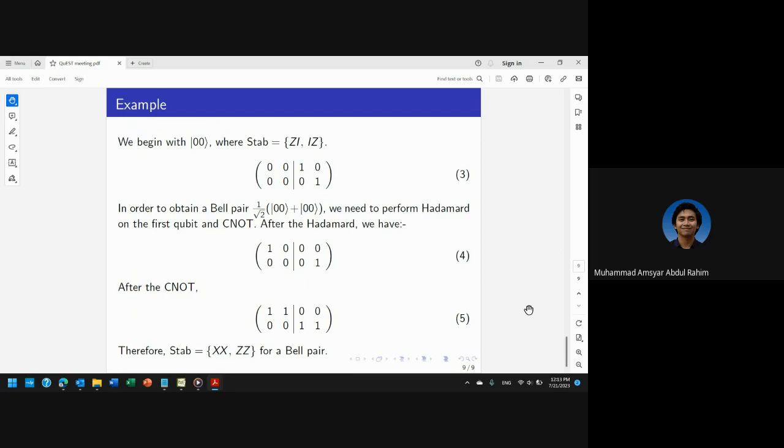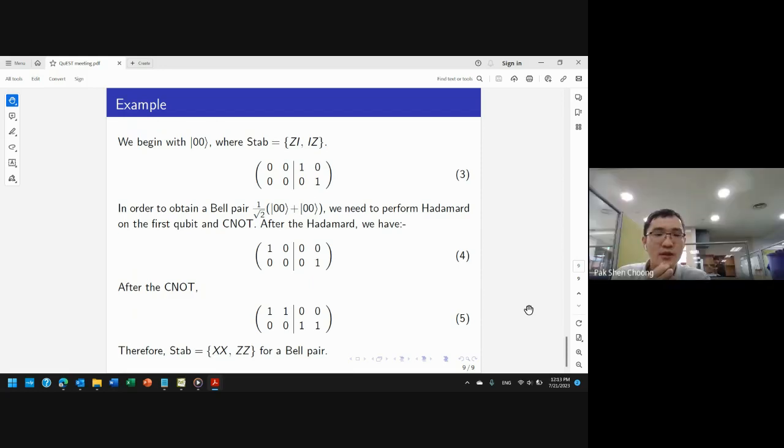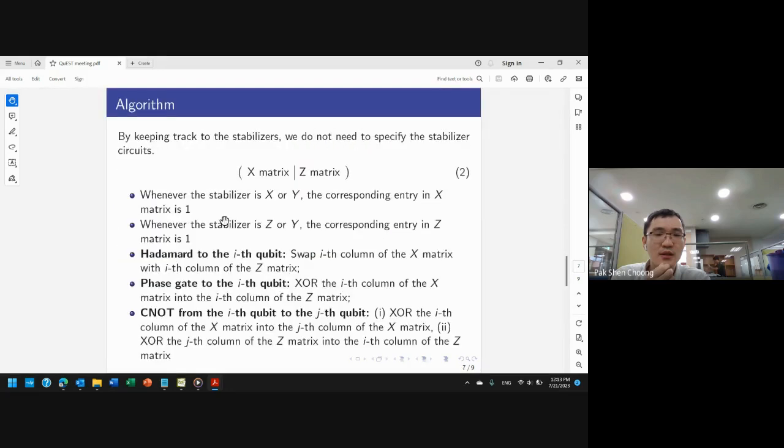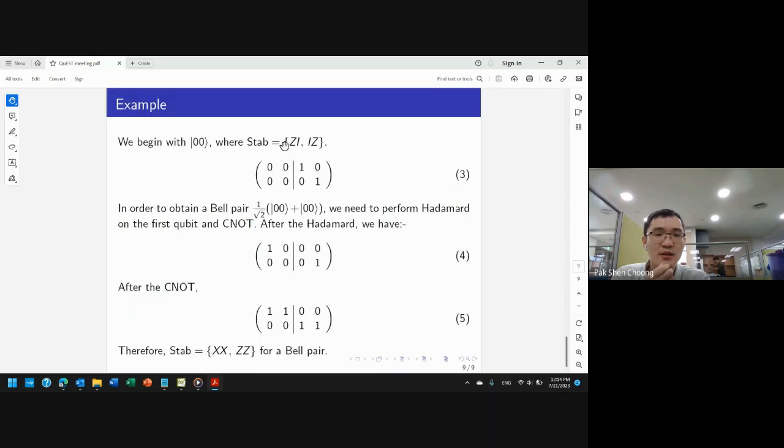Is equation 3 the stabilizer Zi, or is it not? Over here the first rule is when your stabilizer is Z, your entry is 1. So it's Zi, so this is 1, this is 0.